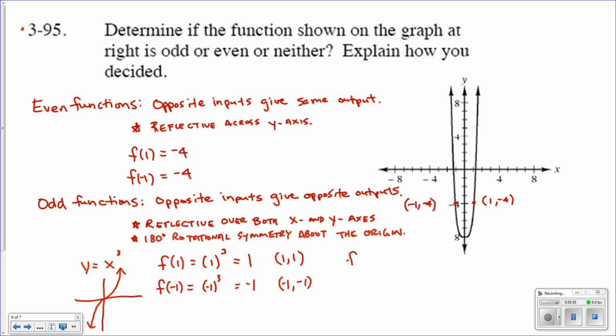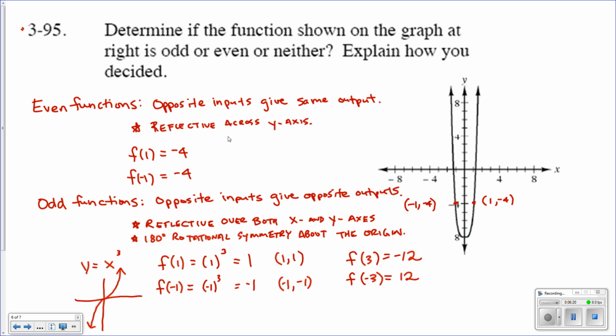If you had, say, some function and you plugged in 3, and let's say you got -12 out, well, if it's odd, then you would say, all right, if I put in the opposite input, then I should get the opposite output out, which would then be +12. So odd functions, you're always going to get those opposite outputs. Even functions, you'll see you'll get the same.